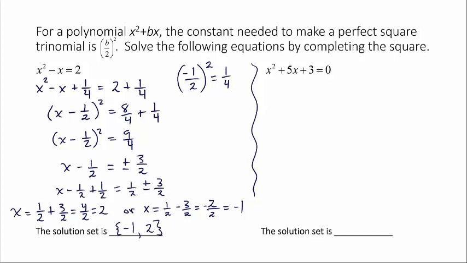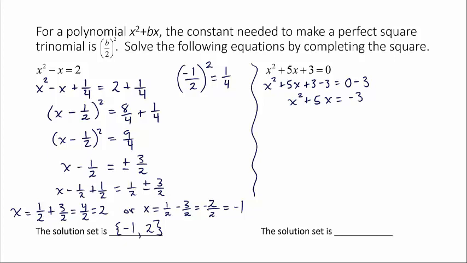Okay, for this next example, we have x squared plus 5x plus 3 equal to 0. I want the x squared plus 5x just on one side of the equation, so I'm going to subtract 3 from both sides. So I have x squared plus 5x plus 3 minus 3 equals 0 minus 3. That leaves x squared plus 5x equal to -3.